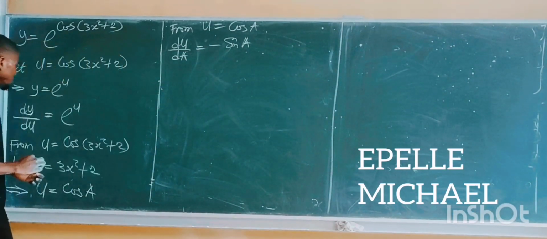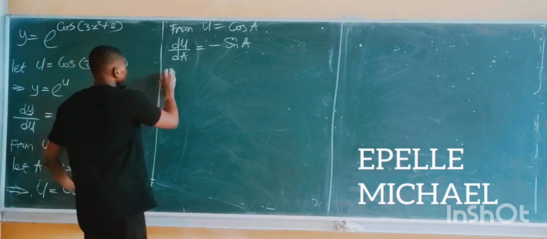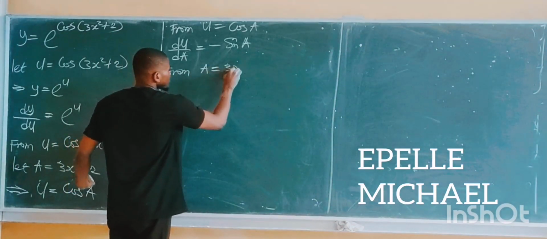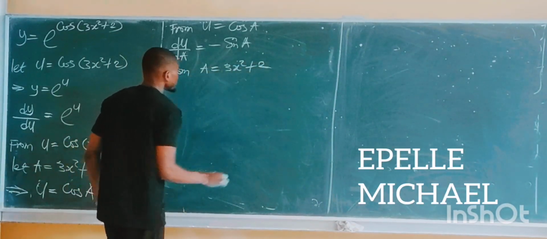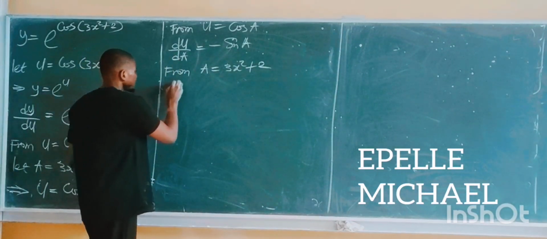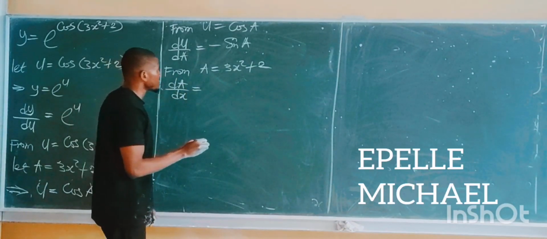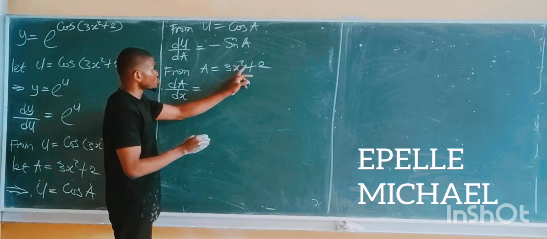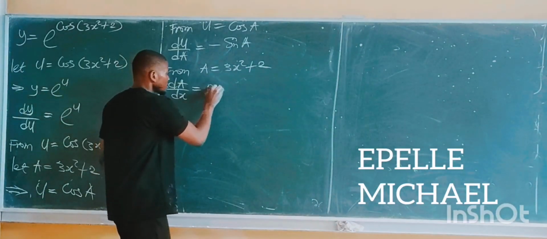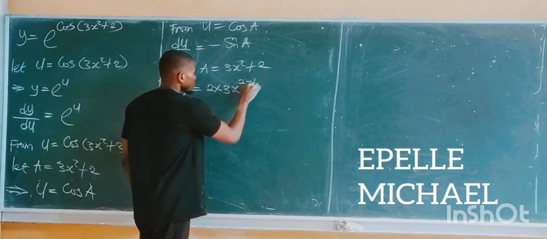That is du/da. Also, from a equals 3x squared plus 2, since a depends on x, we can only find da/dx. The da/dx simply gives us, use the power to multiply the variable, 2 times 3x, subtract 1 from the power, 2 minus 1.